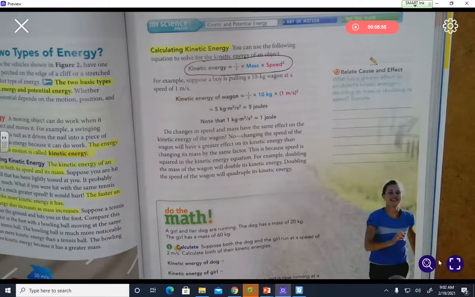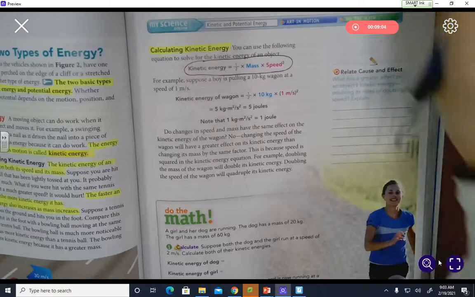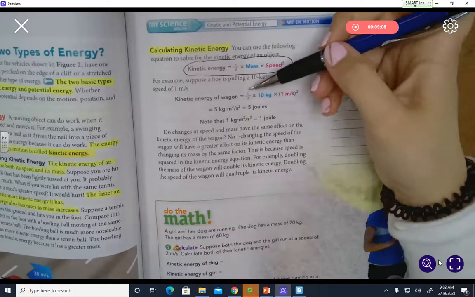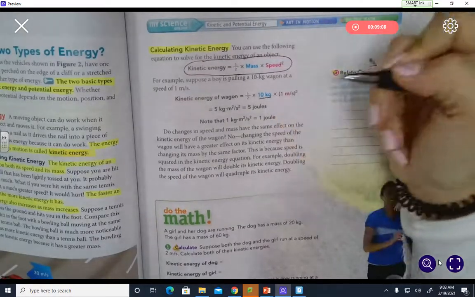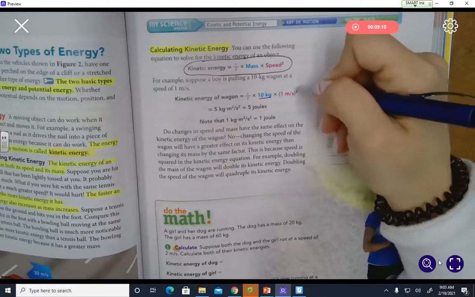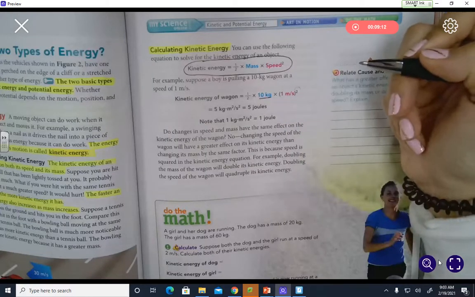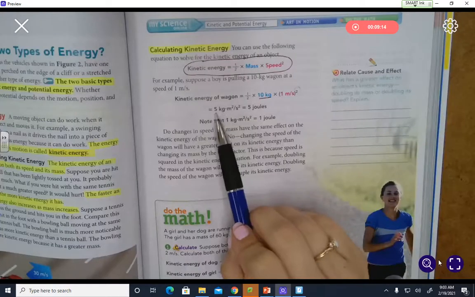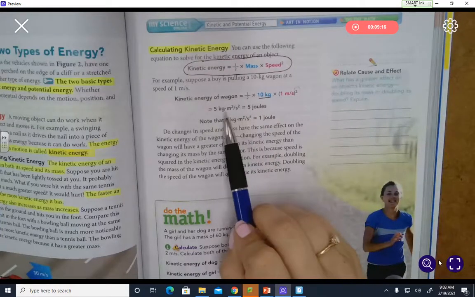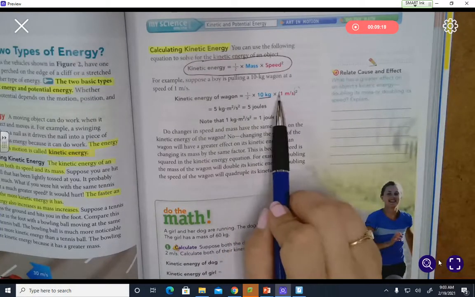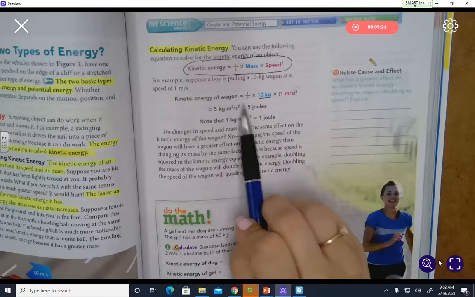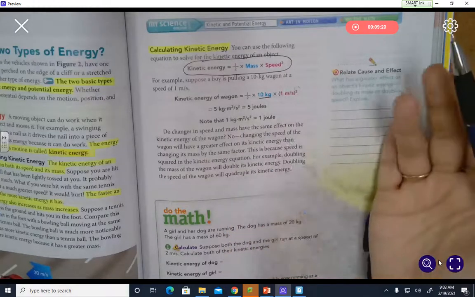So for example, suppose a boy is pulling a 10-kilogram wagon at a speed of 1 meter per second. So we would take 1/2 the mass, which is 10 kilograms, times 1 meter per second squared. So it would be 1/2 of 10, which is 5 kilograms, times 1 meter per second squared, which is just 1.